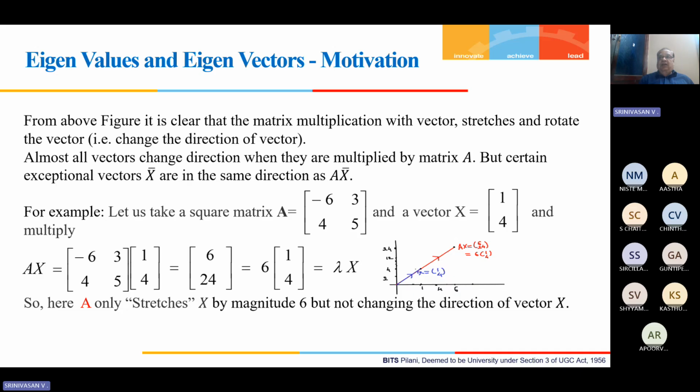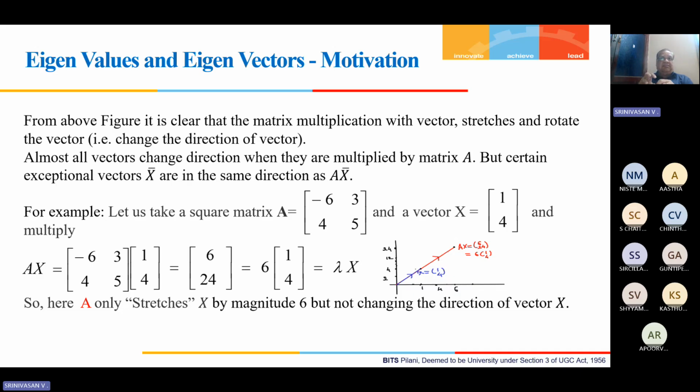Eigenvalues are nothing but the solutions of a quadratic equation or a cubic equation or a fourth degree equation and so on, depending upon the order of the matrix for which you are finding the eigenvalues.